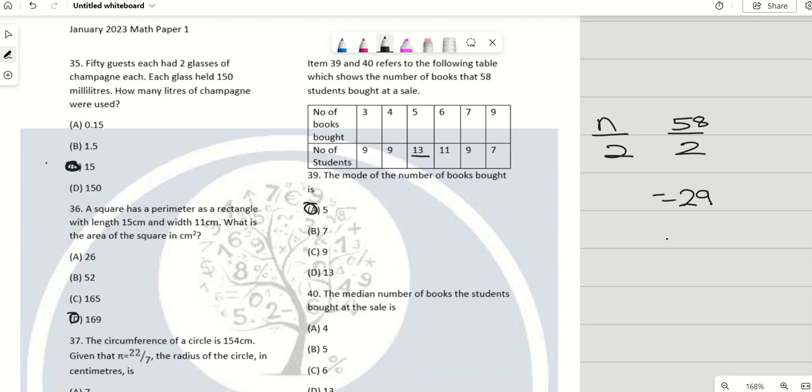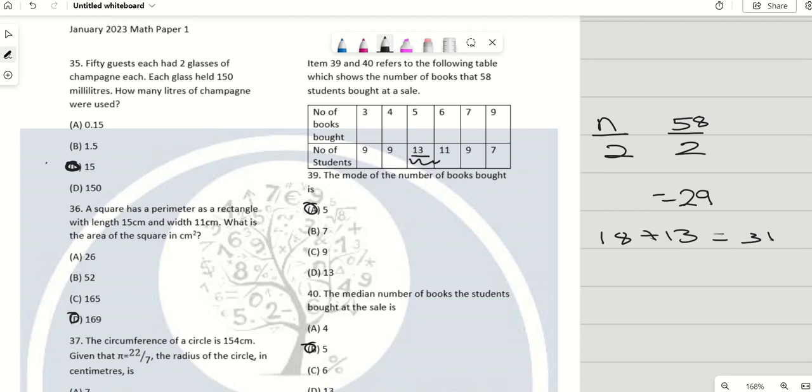Median. Right. So that's 9 and 9 is 18. 18 plus 13 is 31. So we know that our 29th student is in this region right here. So we know that our median number of books would be 5. And that's how you would do this question.